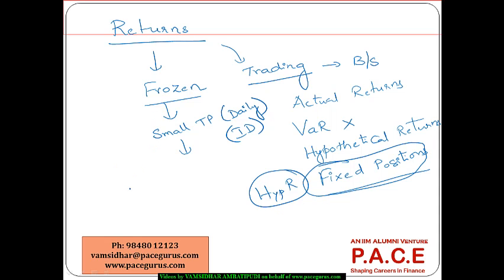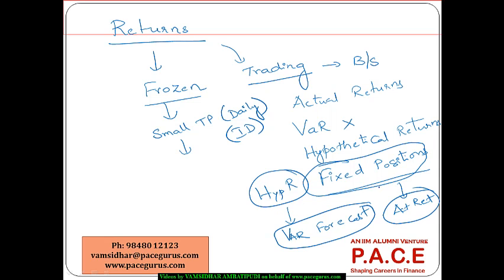That is the reason we generate a hypothetical return that very closely matches the VAR forecasted combination. So it's a frozen portfolio where I bring in the fixed positions that I multiply with the actual returns, and those returns are taken as the basis for the backtesting mechanism.